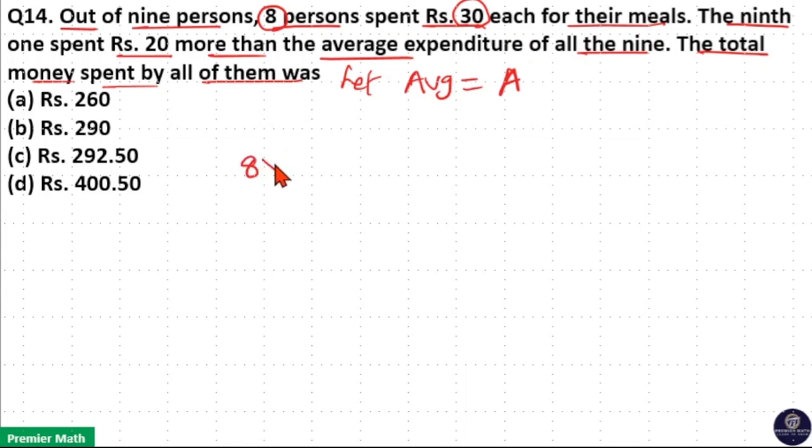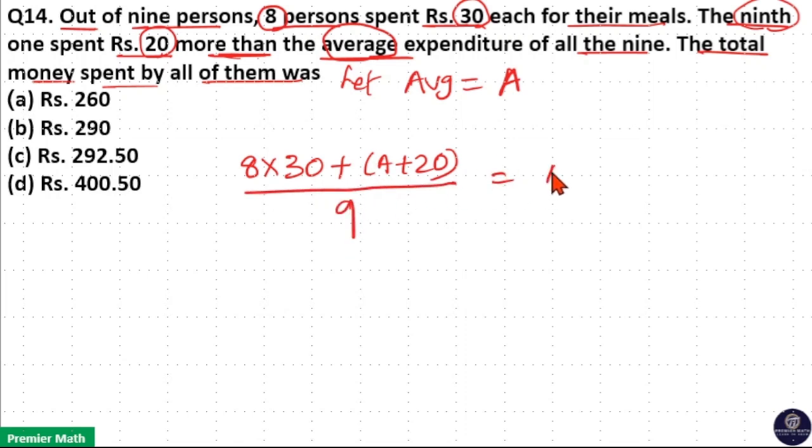The total money spent by these 8 people is 8 into 30, plus the ninth one spent rupees 20 more than the average. So the ninth one spent A plus 20 rupees. Now the total money spent by all of the 9 people is 8 into 30 plus A plus 20, divided by the number of people, 9.